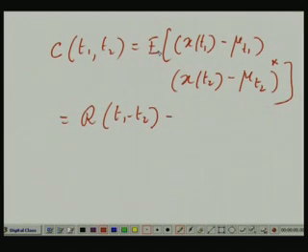Then mu(T1), which is a constant, times expected value of x star(T2), which is the same as the conjugate of expected value of x(T2), but expected value of x(T2) is the mean at T2, but since it is WSS, mean at T2 or mean at T1, they are all the same. You can just call them mu.